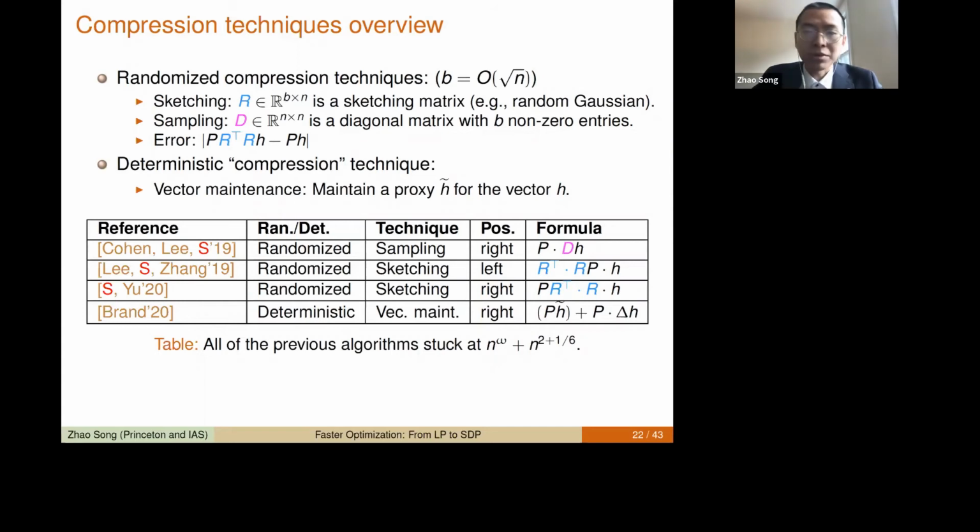The most surprising thing in Brand's paper is that his algorithm is a deterministic algorithm, because whenever you do sampling or sketching, your algorithm has to be randomized, and Brand can actually give a deterministic algorithm for 2 plus 1/6.